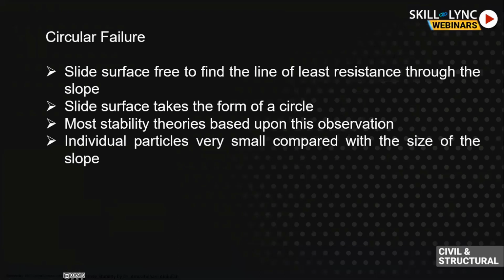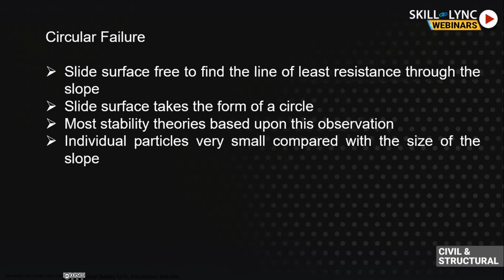Most soil will fail in a circular geometry. This is the shape of the slide surface. The slide surface will always find the line of least resistance, and this takes the form of a circle.